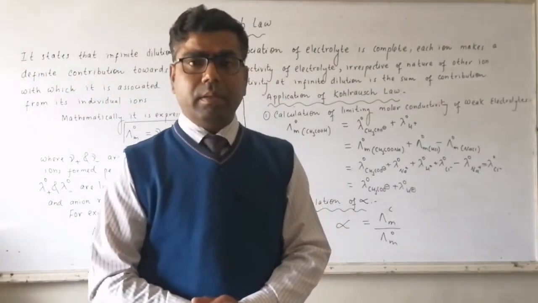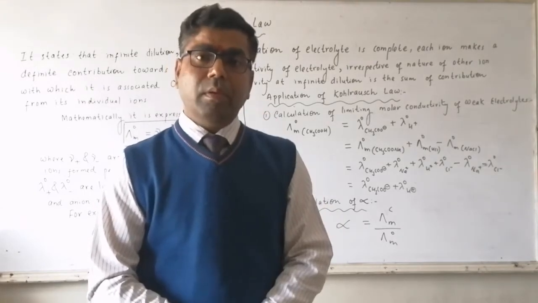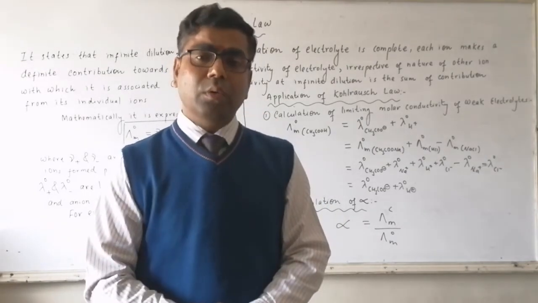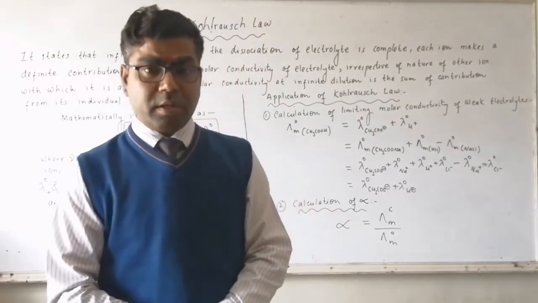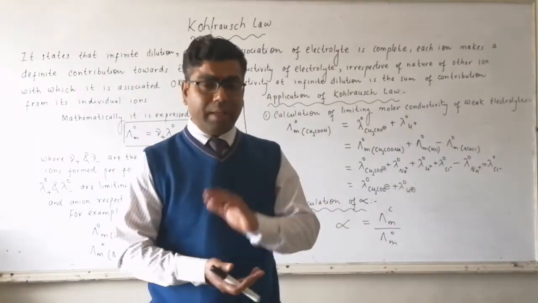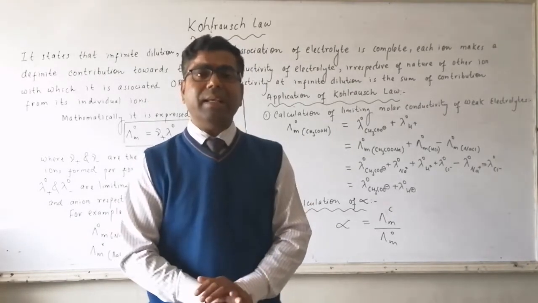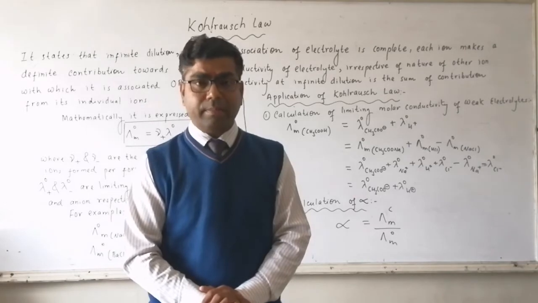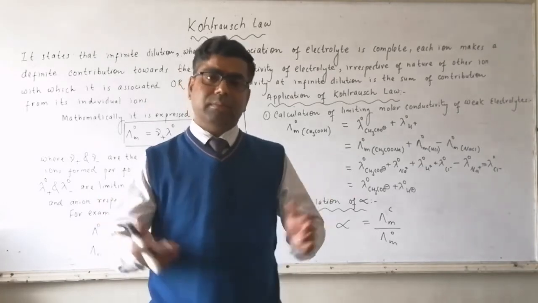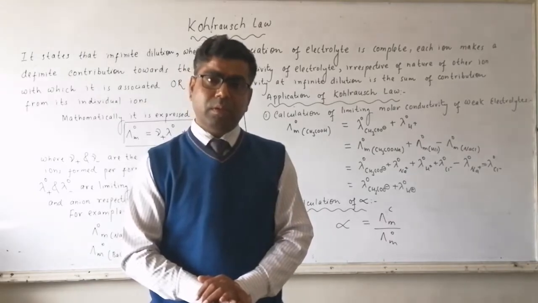Remember, at infinite dilution, weak electrolytes undergo 100% dissociation or ionization. Or we can say, at infinite dilution, weak electrolytes start behaving as strong electrolytes. So we obtain the maximum concentration of the ions.